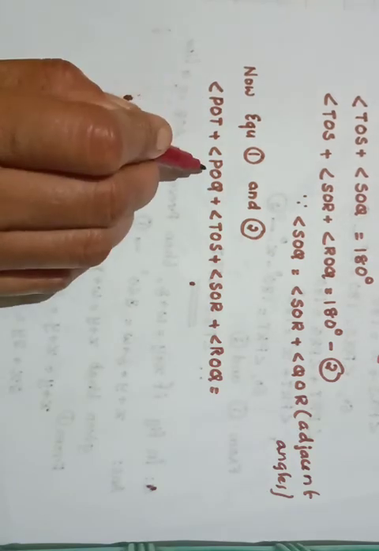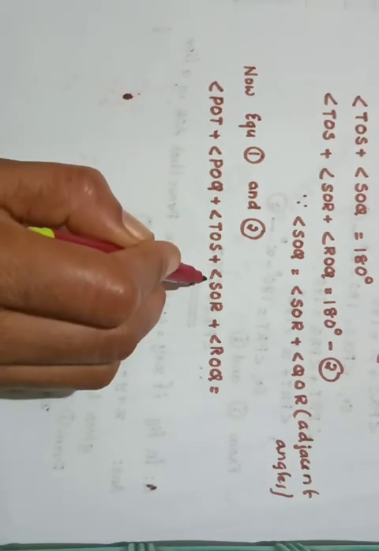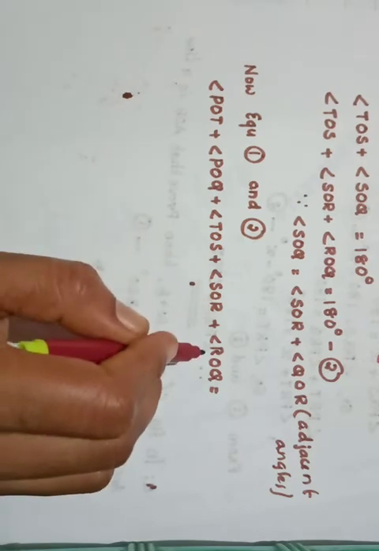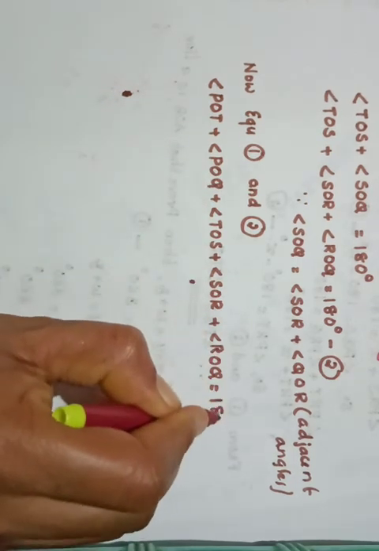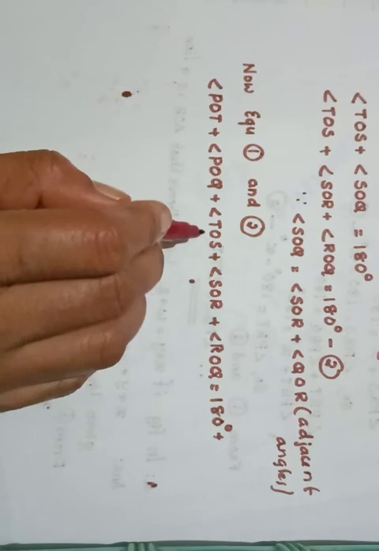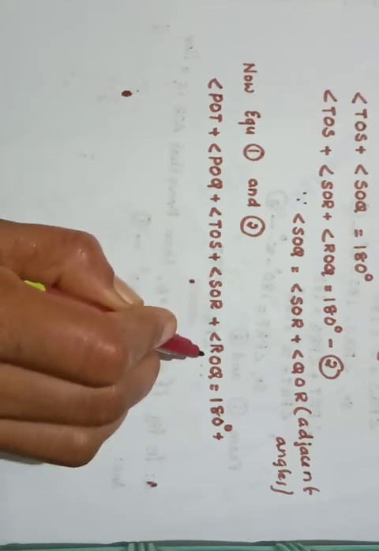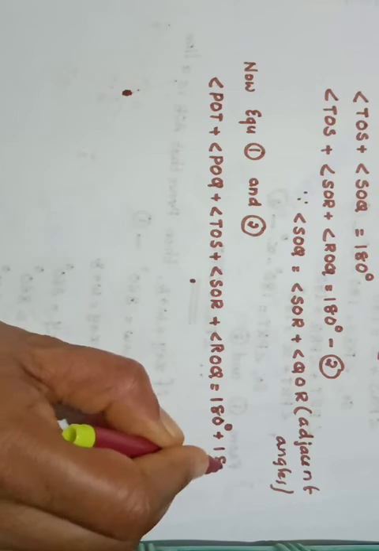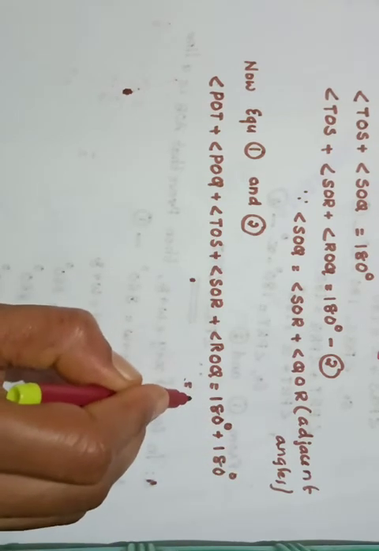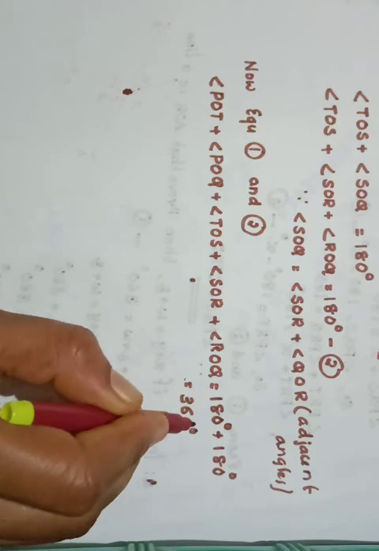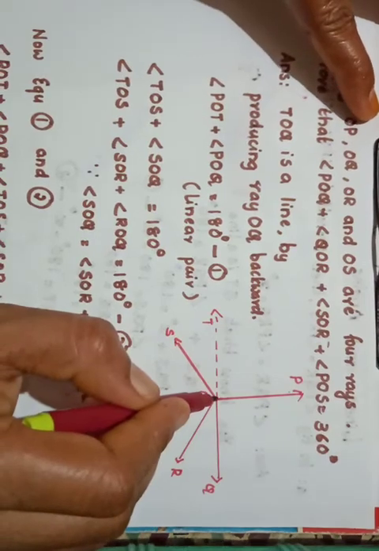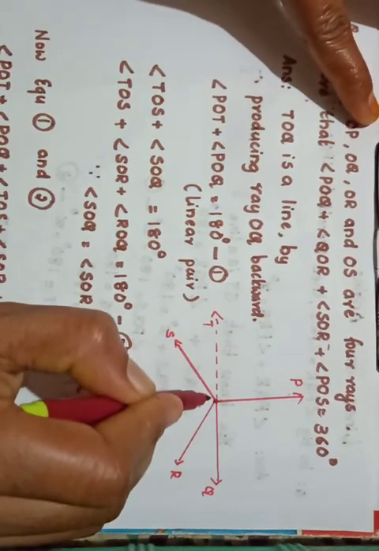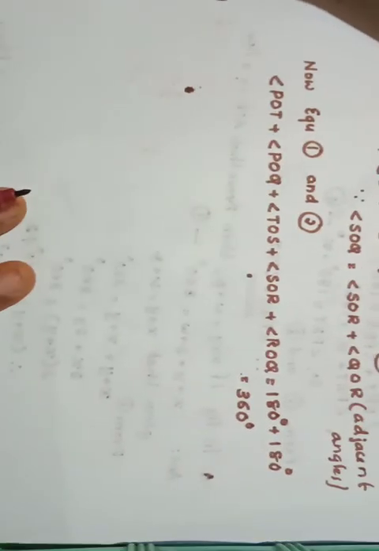Angle POT plus angle POQ plus angle TOS plus angle SOR plus angle ROQ. Angle POT plus angle POQ is 180 degree from the first equation, and TOS plus angle SOR plus angle ROQ is 180 degree from the second equation. So you are getting 360 degree, or simply you can see from the figure, it is the angle around a point. So the sum will be 360 degree, they are a complete angle.